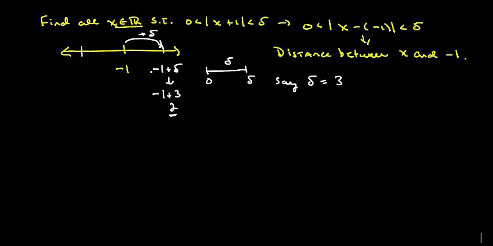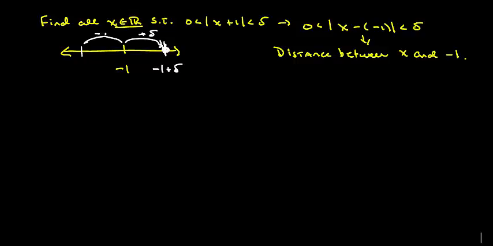So whatever delta we pick, if delta was 3 or 10 or pi, it doesn't matter. Whatever delta is, that'll move us this direction, and that point right here is negative 1 plus whatever that delta value is. Now to get to this point over here, if we add delta in this direction, we have to subtract delta in this direction.